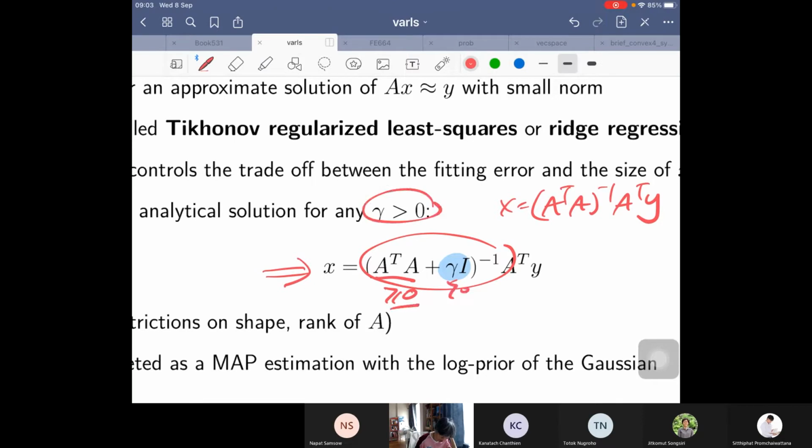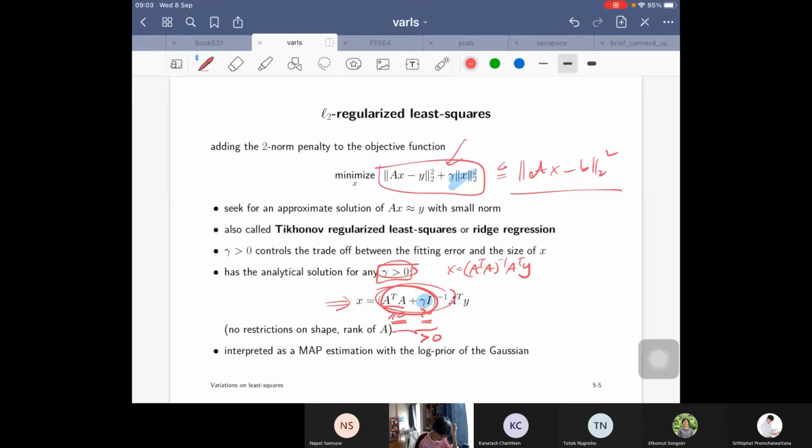When you add a positive semi-definite and a positive definite matrix, the sum is always positive definite, which means this matrix is always invertible if you put in some small positive gamma.